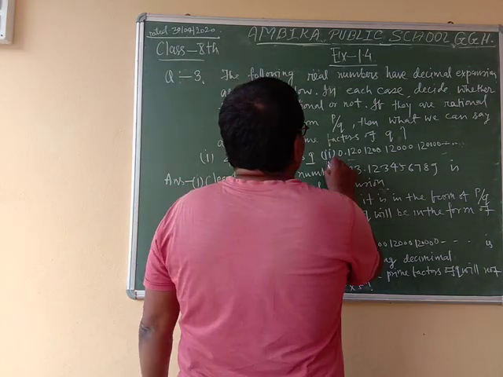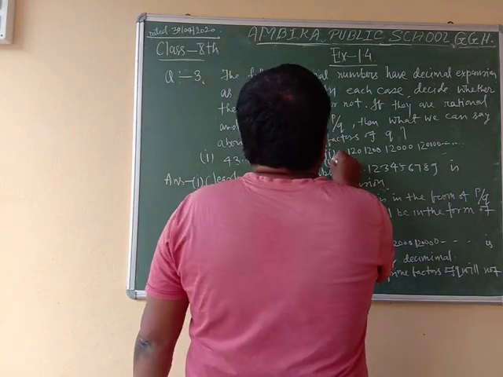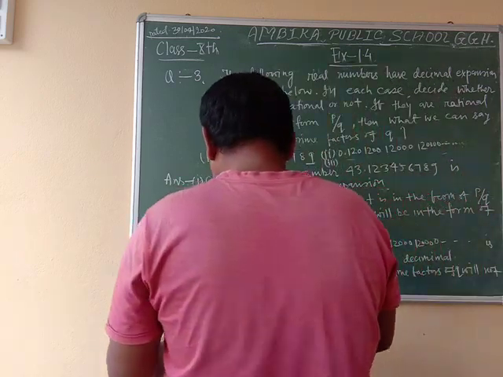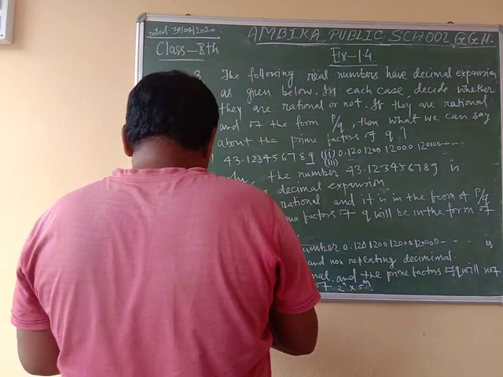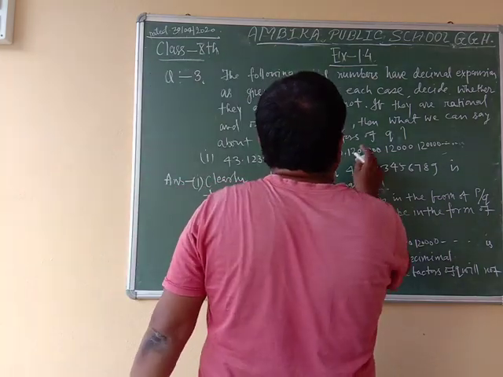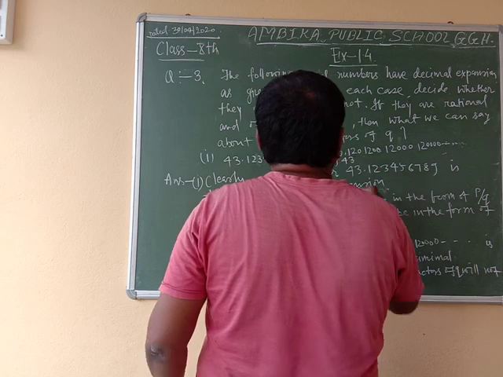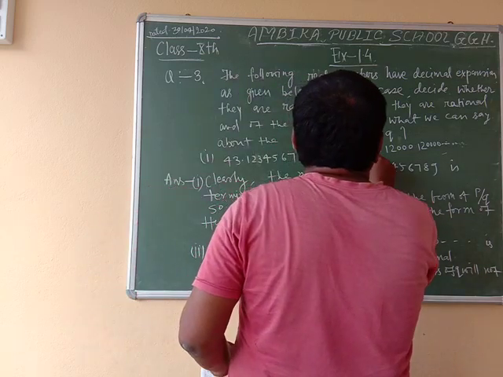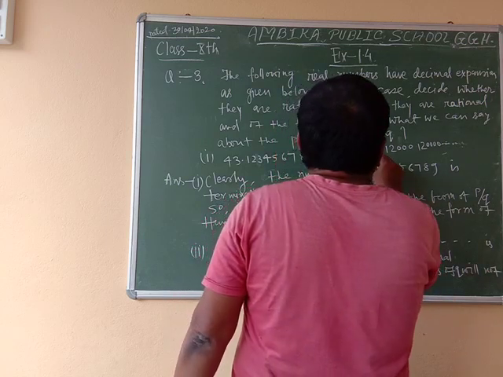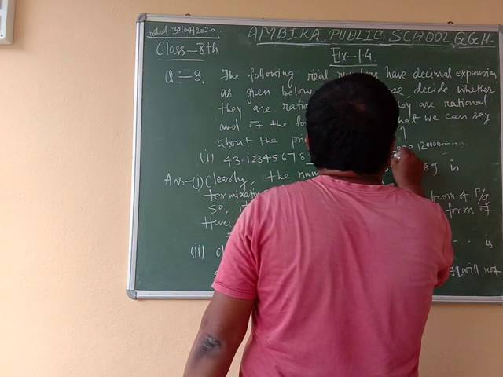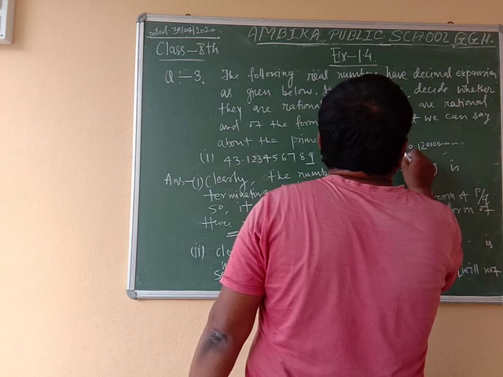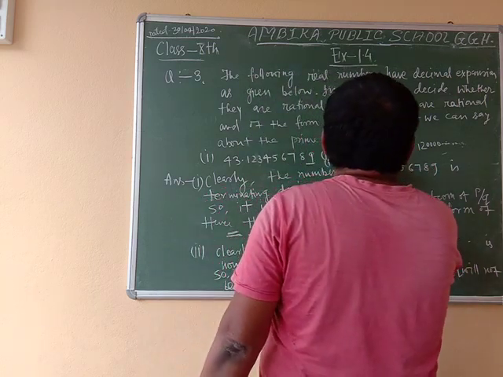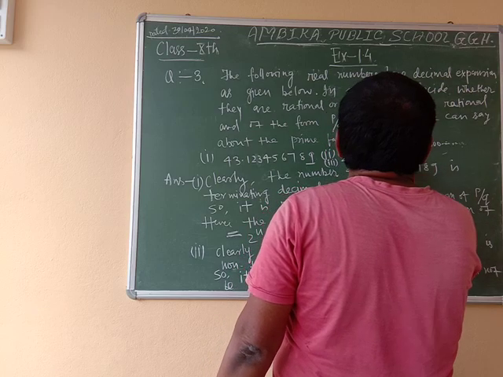Number three question is 43.123456789 with a bar over the decimal expansion.